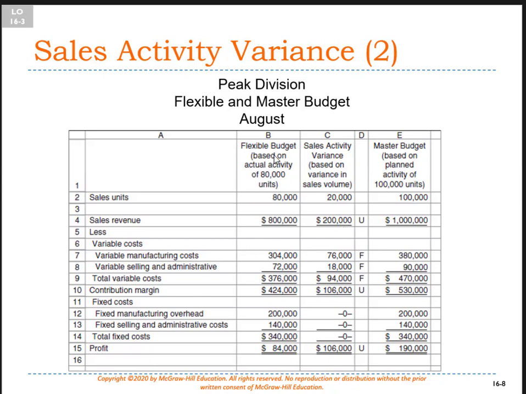Because this is a flexible budget, we have also redone the variable manufacturing costs to be what we would expect at 80,000 units. We'll bring those in a little later in the next slides. Right now we're focused just on this sales activity. So that is the first piece.